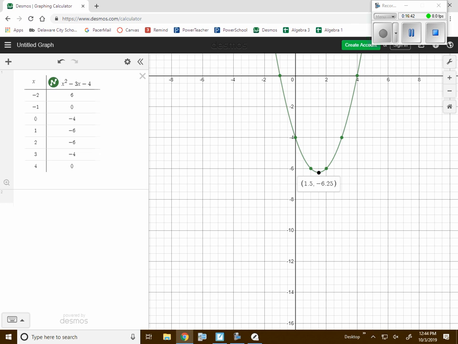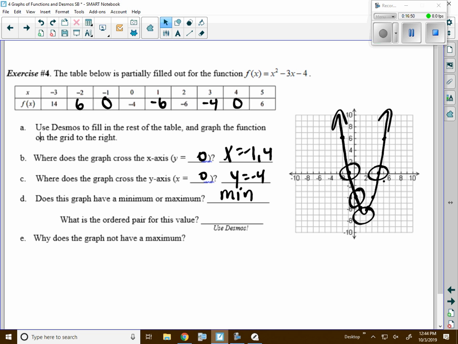In part E, why does the graph not have a maximum? Think about arrows.